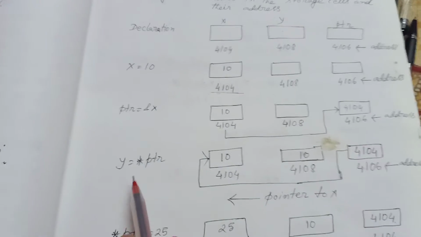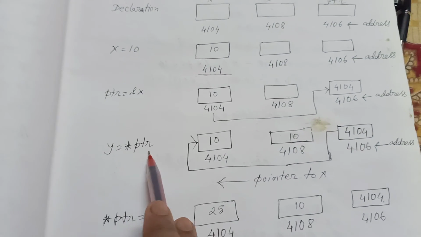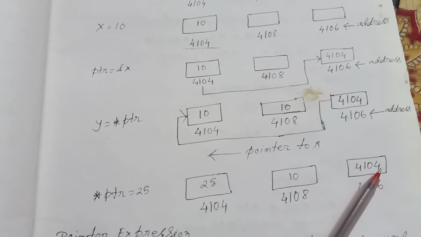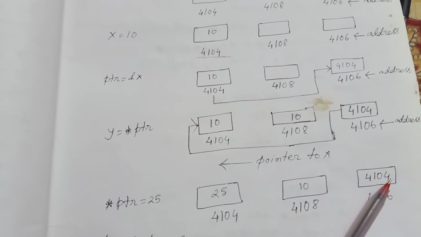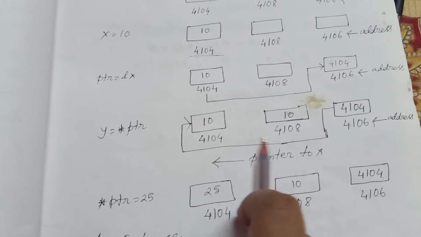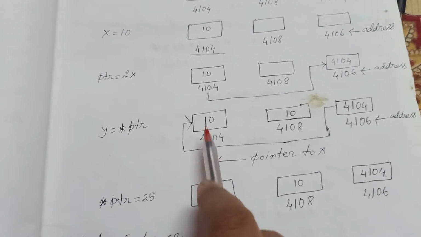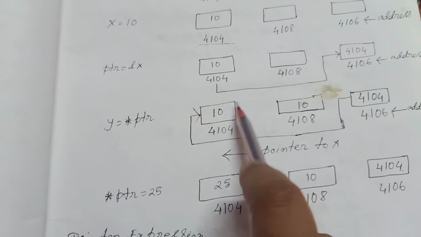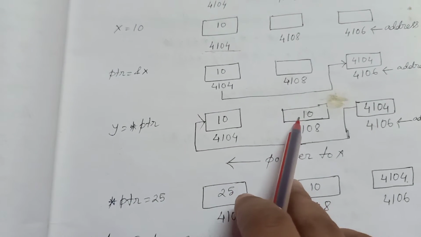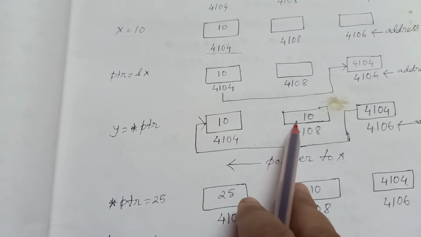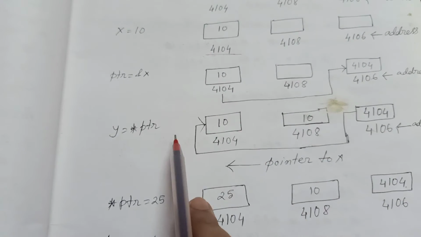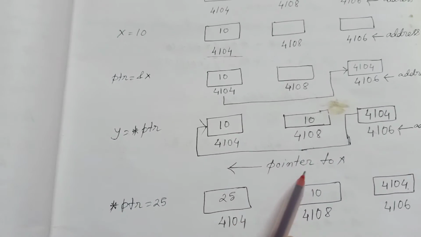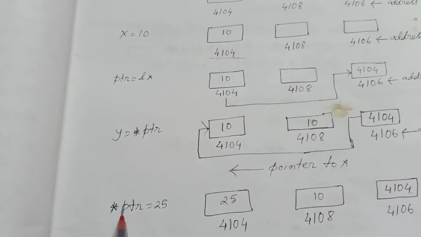Okay, so when y equal to pointer ptr, then the value 10 of x is stored in 4108, as y equal to pointer ptr. That means pointer to x.